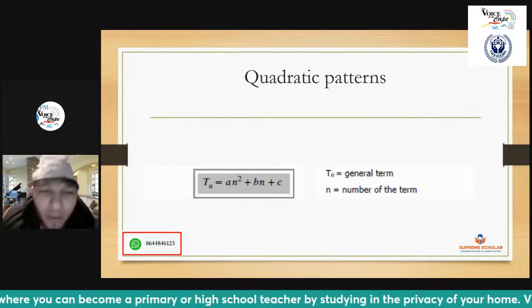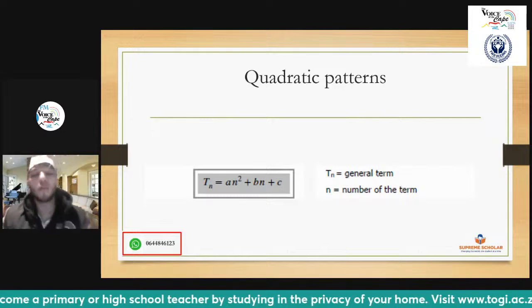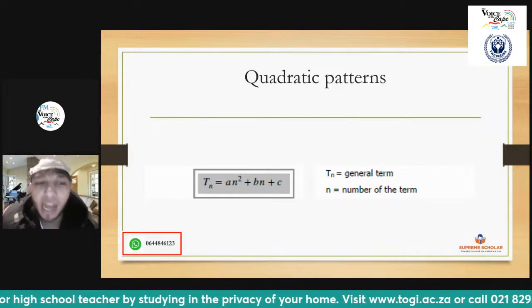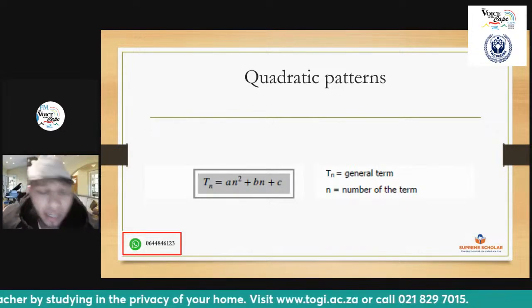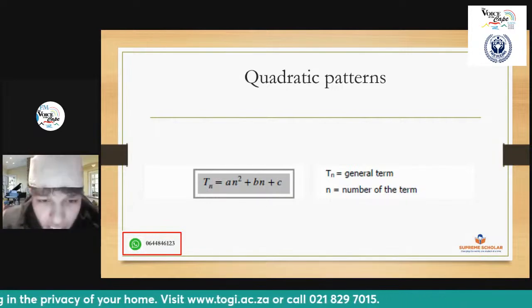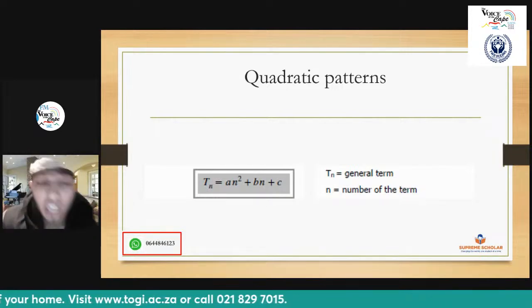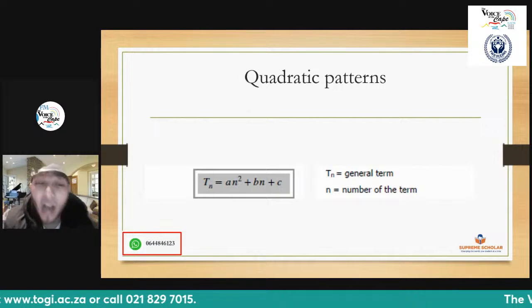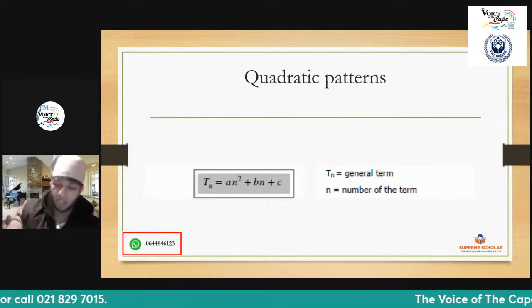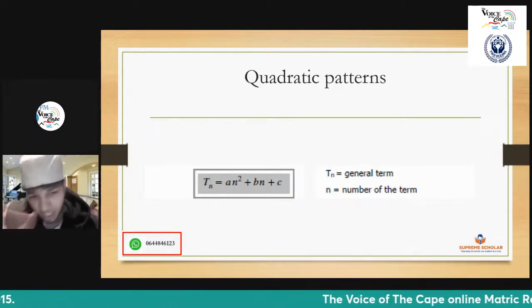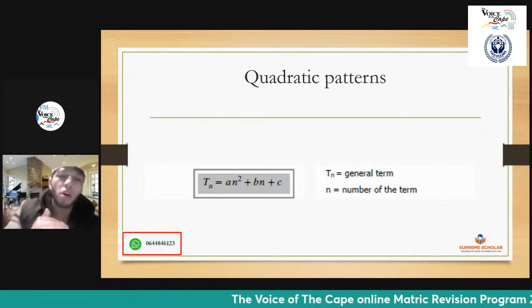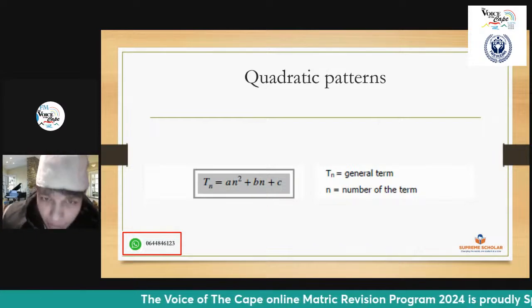N stands for your number of the term or the term number, right? Now, A, B, and C, those are your coefficients, and you are basically required to work that out, all right? So we will see how this is worked out. We will work through this accordingly.